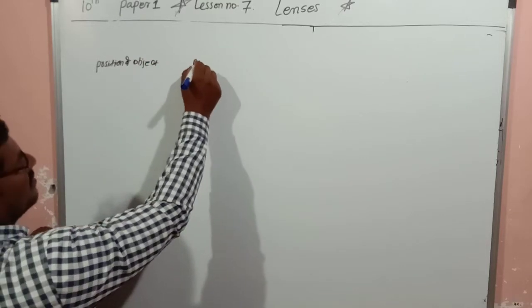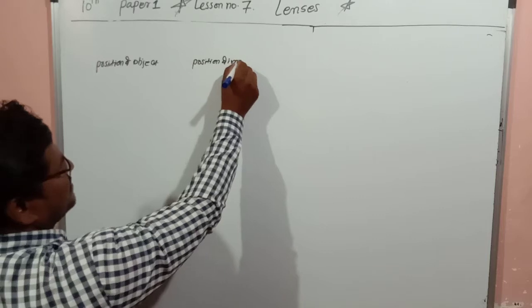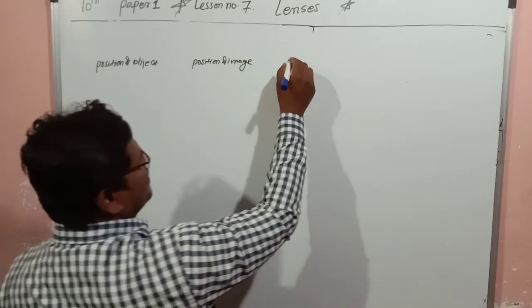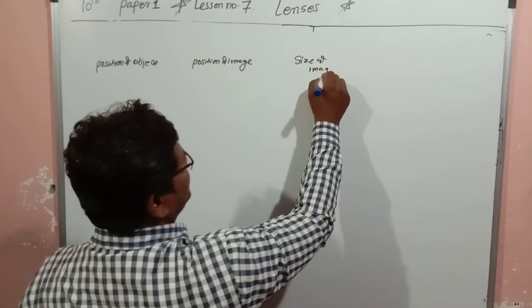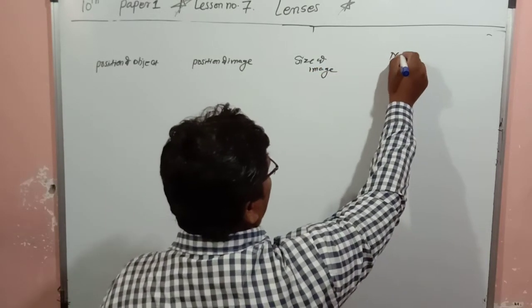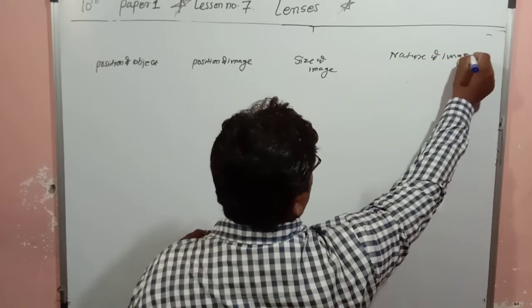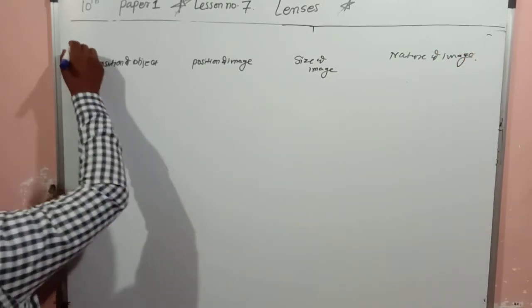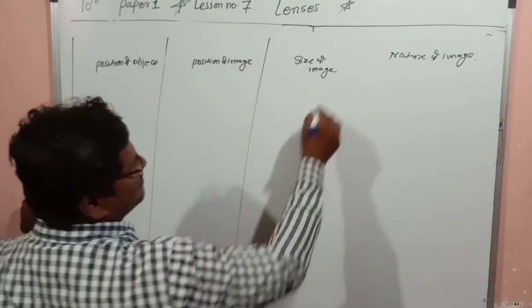Here will be the position of image. Here will be the size of image, and here will be the nature of image. So you can draw the table this way.